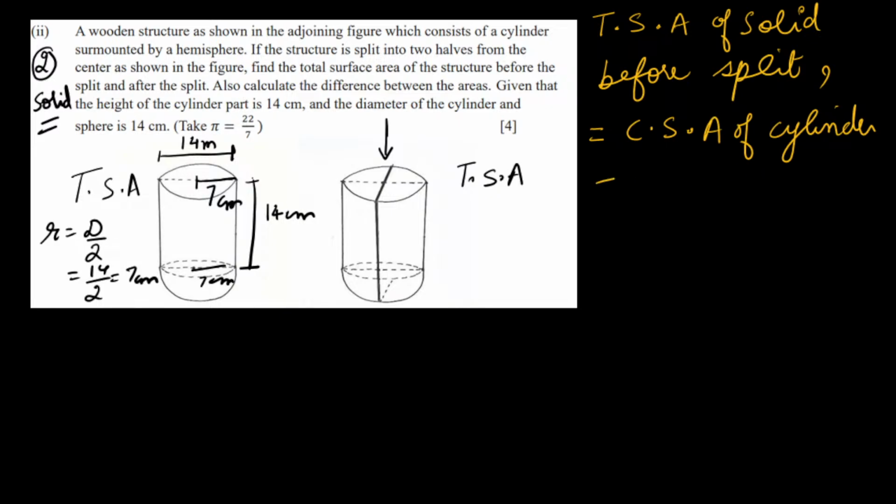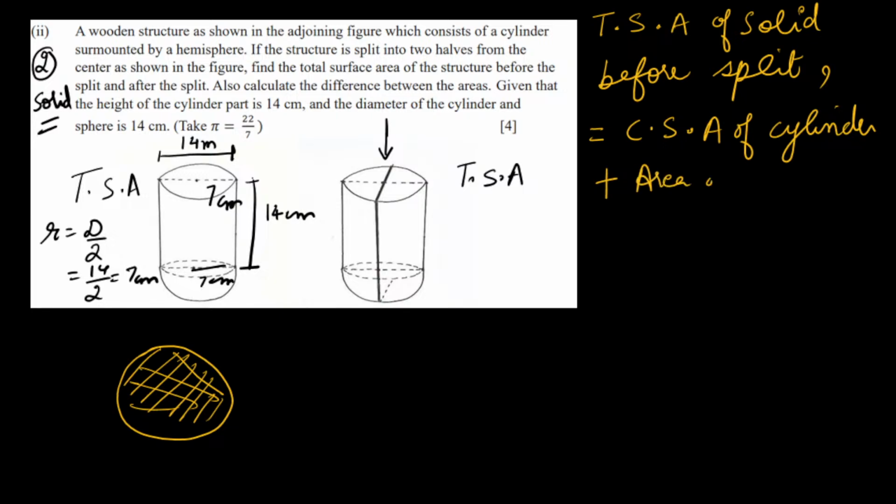Then plus, if you see the top of this solid, it looks like a circle. This top is a circle. So that area of the circle also you have to add. So before the split: curved surface area of cylinder plus area of circle.